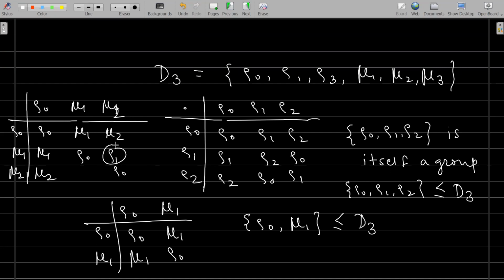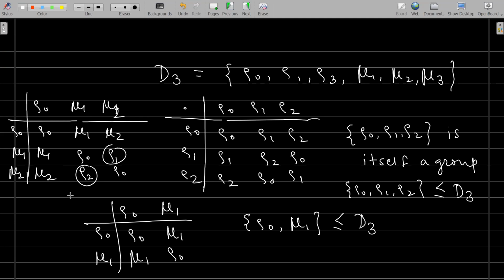That is something like rho 1. Do you have the table with you? Check, this is rho 1 and this is rho 2. Sir, mu1 mu2 is rho 1, sir. Yeah. So mu1 mu2 is rho 1 and mu2 mu1 is rho 2, right?